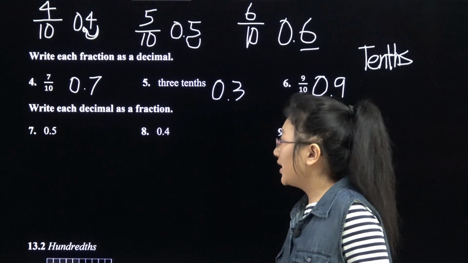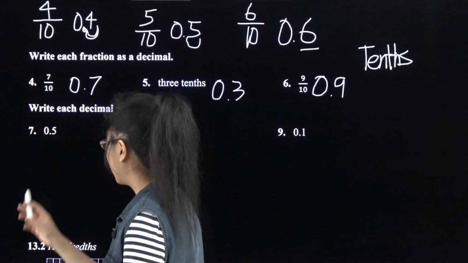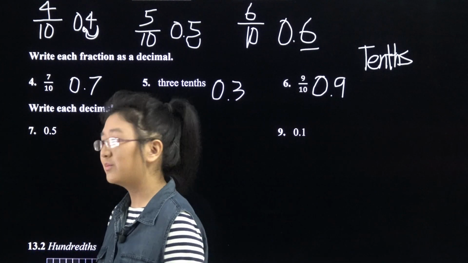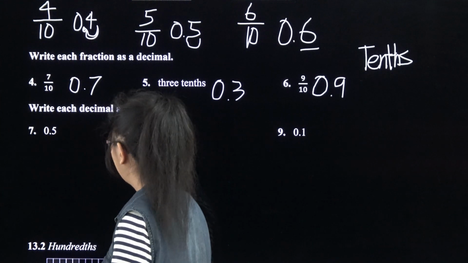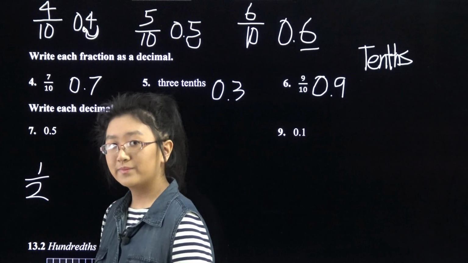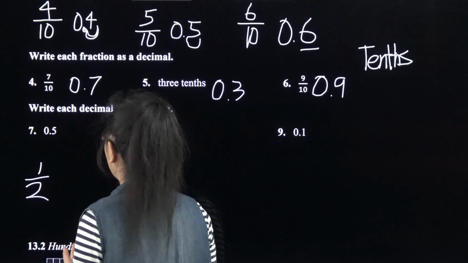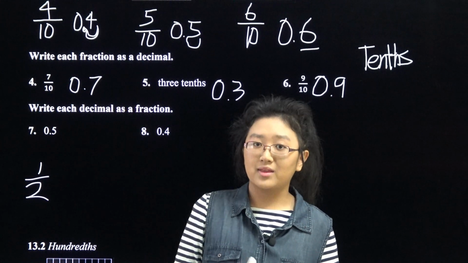What about this one? Write each decimal as a fraction. Okay, you might have heard of 1.5, 2.5, and we all know that 0.5 is a half. But in this case, we can't write 1/2 because it's asking us to write it as a fraction, and for this activity, we're learning about tenths.